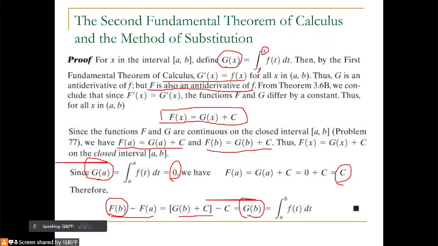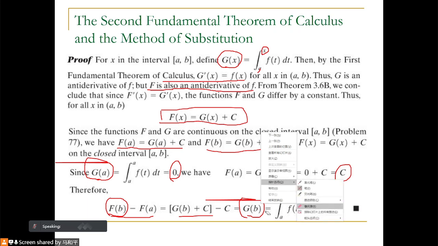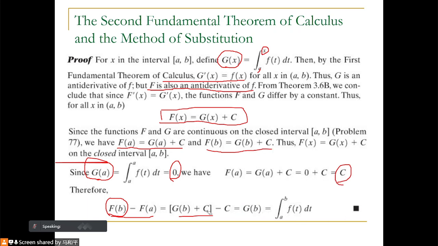And now G(x) is the integral from a to x of f(t) dt, so G(b) is equal to the integral from a to b of f(t) dt. And then we have F(b) minus F(a) is equal to the integral from a to b of f(t) dt.